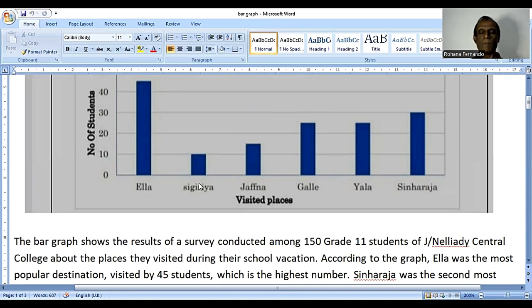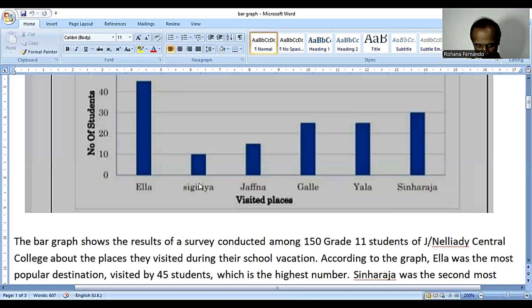That means the word highest and also the number together. For example, according to the graph, Ella was the most popular destination, visited by 45 students. So this is the shortest way of providing the figures.